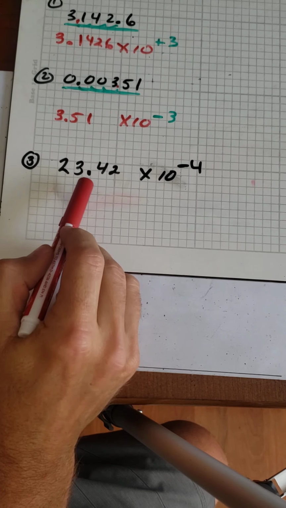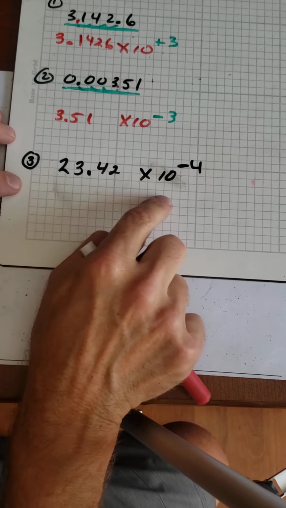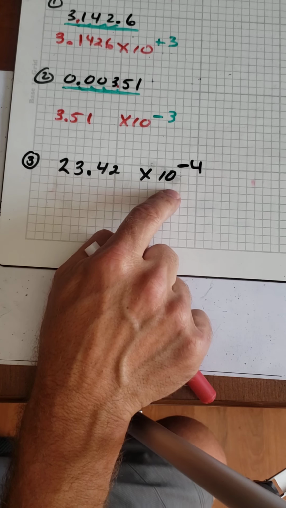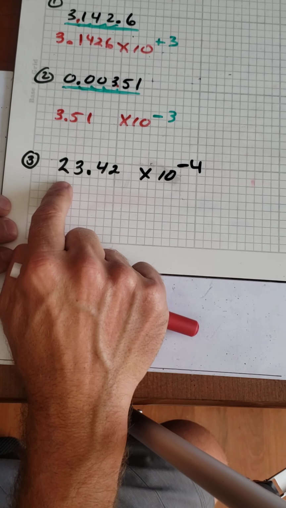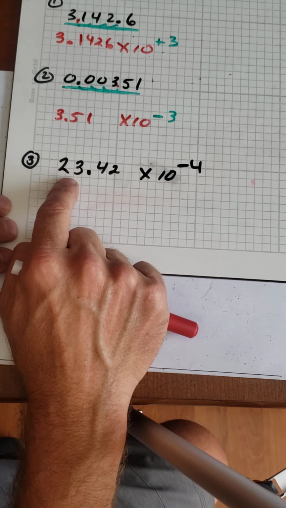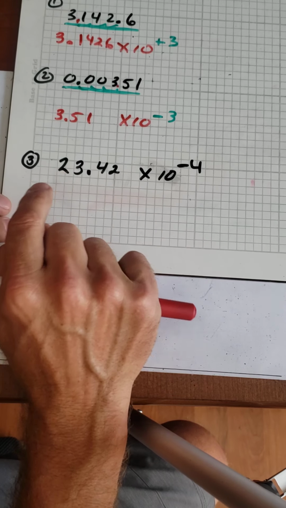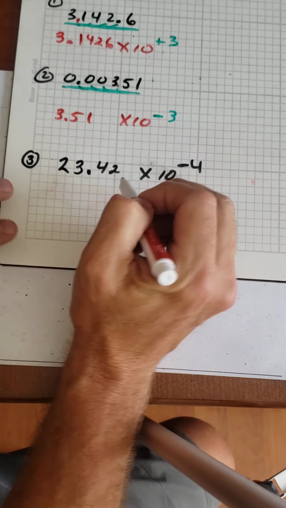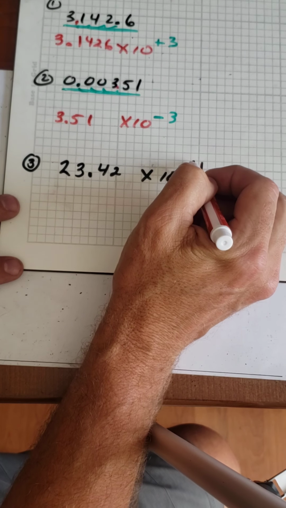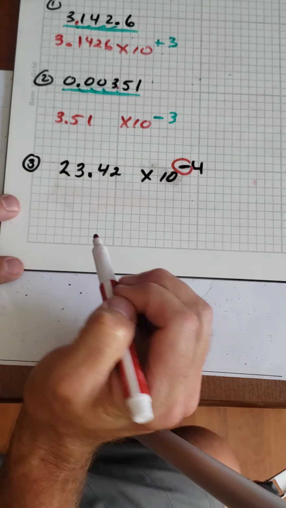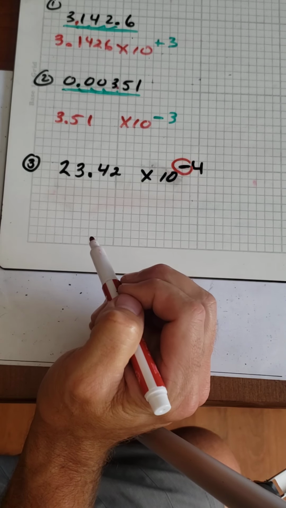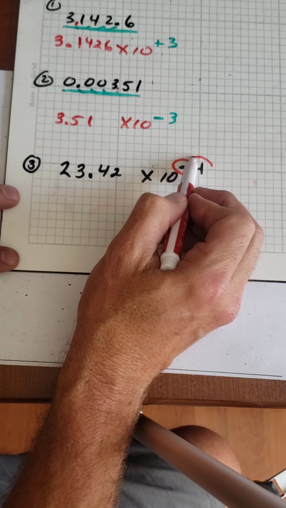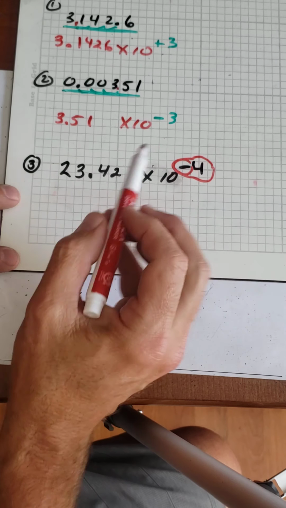So what I might have my students do first, when this is the problem they see, is say, okay, well, let me change it back into standard form first, because that's not in scientific notation. So let me change it to standard form, and then I will change it into scientific notation. If I'm going to go to standard form, what do I know? Well, this is telling me that my answer is going to be smaller than 1, and this is telling me how many times I need to move it.